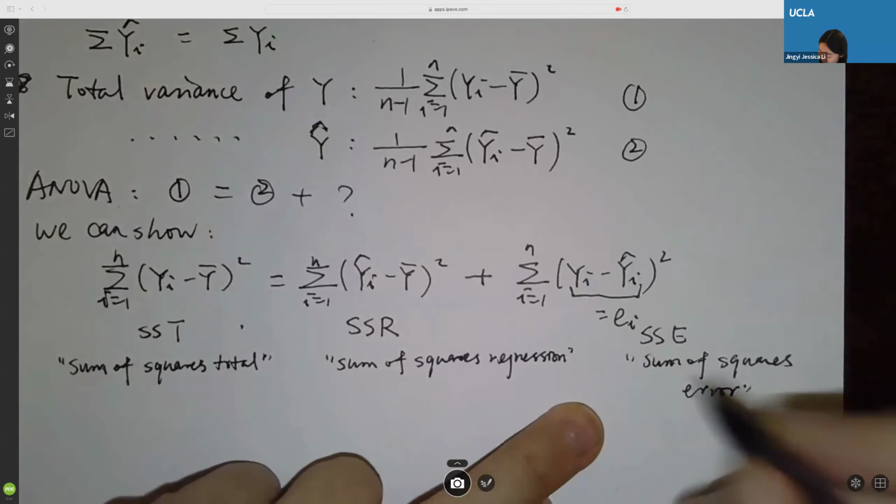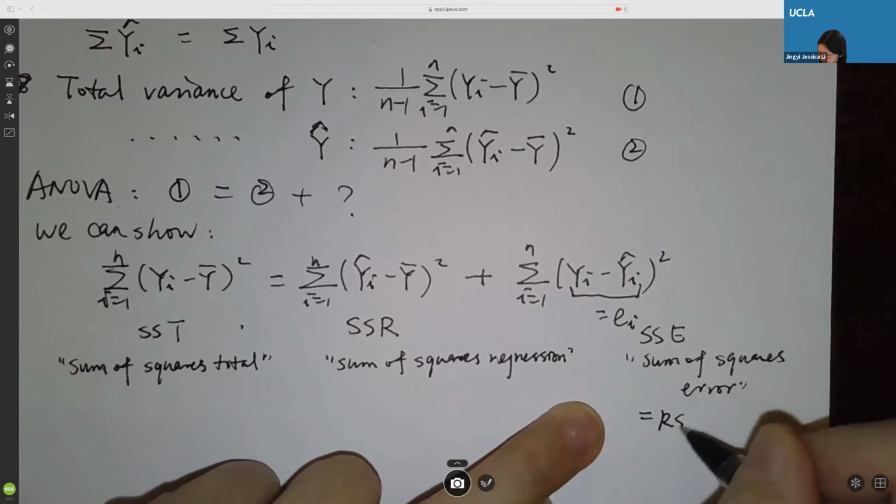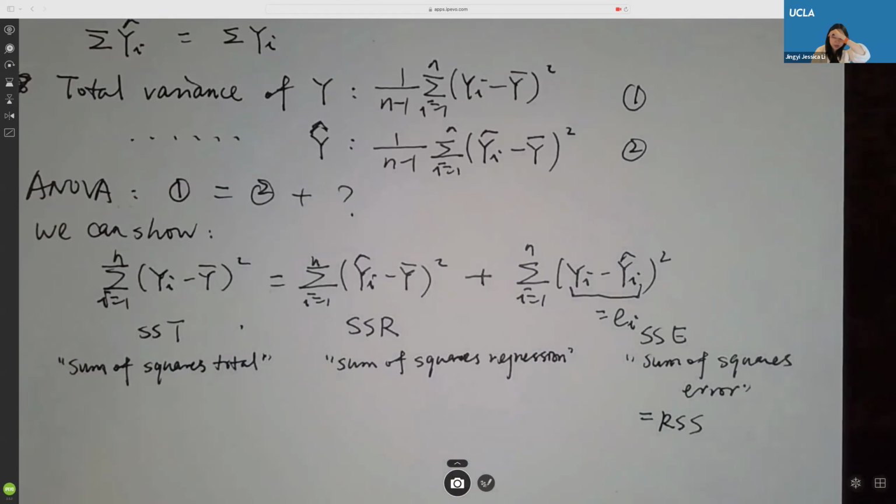And this one has another name, RSS, we have seen, right? Residual sum of squares. This terminology might be confusing, but in the context of ANOVA, we use SSE just to be more consistent with SST and SSR.